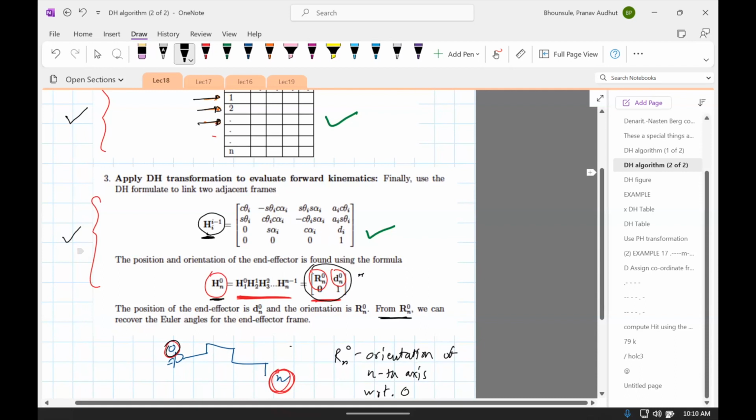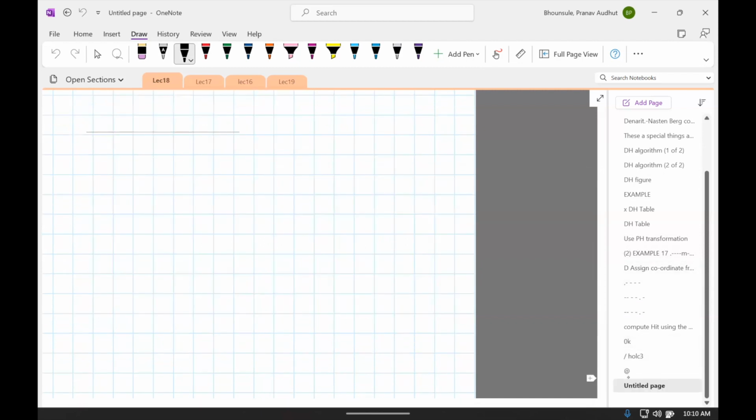Okay, so it's a 4x4 matrix. You need to put i equals 1, i equals 1, i equals 2, and i equals 3. So we have H i minus 1. This is like a big 4x4 matrix, which I will not write down.